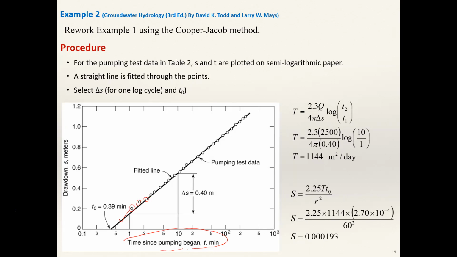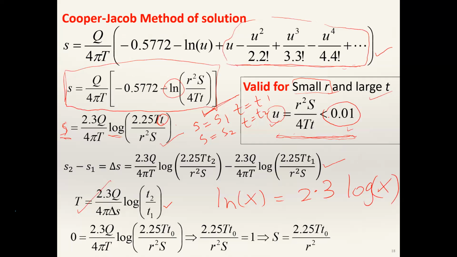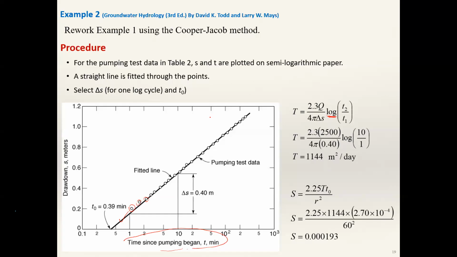So you plot it. Then you find out the gradient. When you find the gradient, you do it in a way that makes your calculation easier. For example, we have the log scale here, this one, log T2 over T1. If you consider this delta S, that is S1 and S2 for 1 log cycle, then it will make your calculation easier.